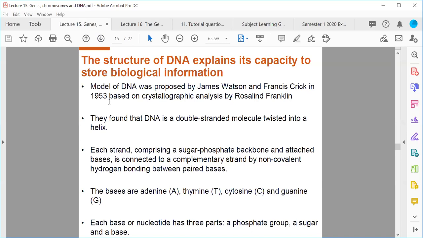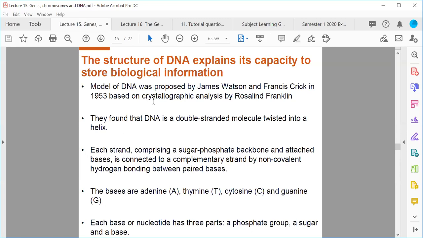So they knew that DNA was composed of the 4 nucleotides that you're familiar with and various histone proteins, but they didn't understand the structure. And then finally, this model of DNA structure was proposed by 2 scientists, James Watson and Francis Crick in 1953.